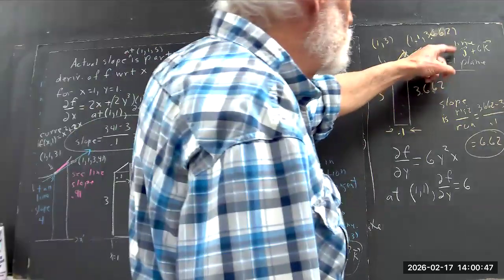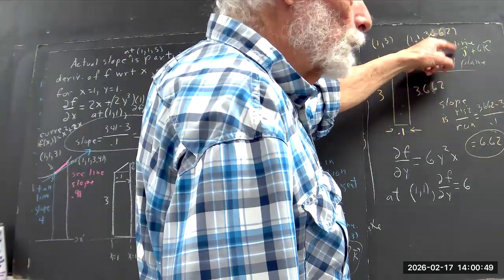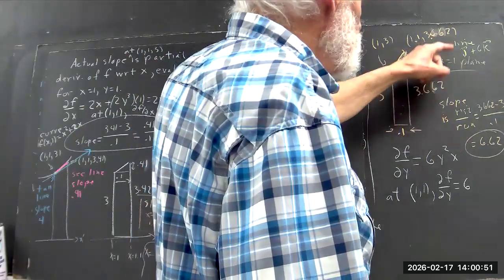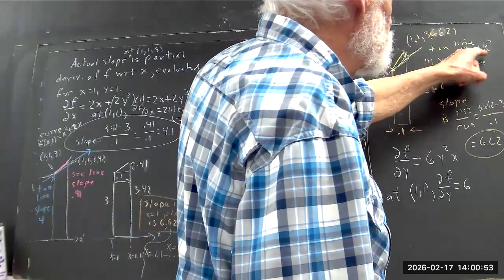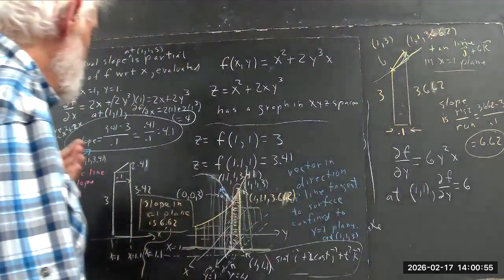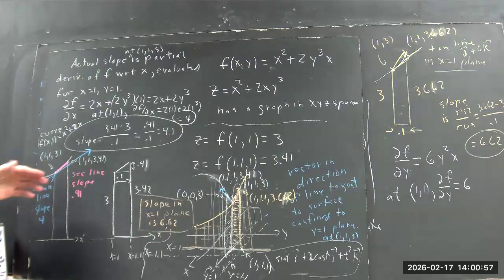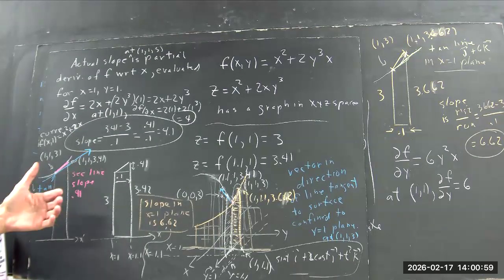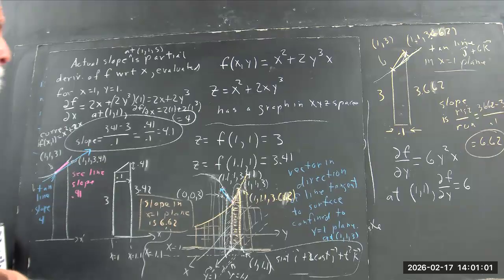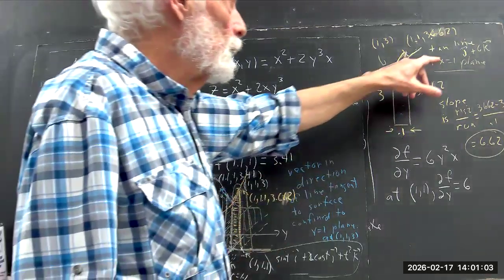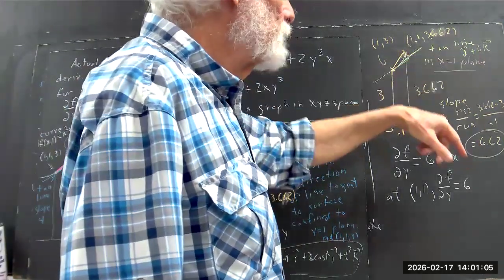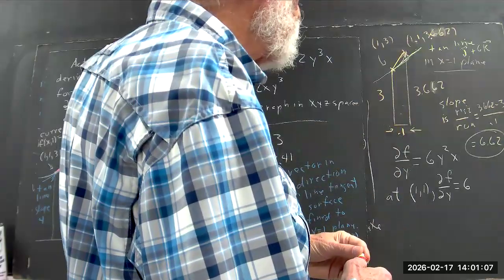If we use 1 as the j component, it's got to be j plus the slope times k, just as it was over here, i plus the slope times k. So we get a tangent line and a tangent vector.